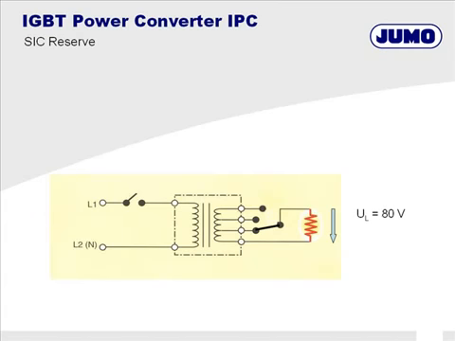When the voltage of the transformer is no longer sufficient, you have to manually select the next higher tapper. This causes a voltage jump which stresses the heater. Due to the integrated voltage reserve and the amplitude control of the IPC power converter, the voltage is automatically corrected. A manual change is not necessary.